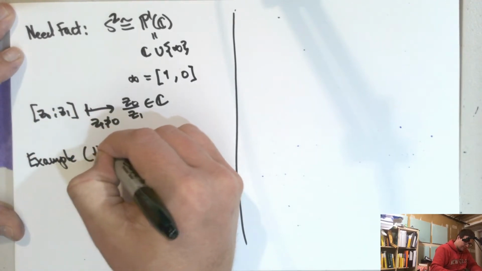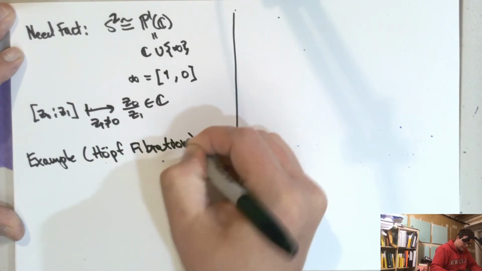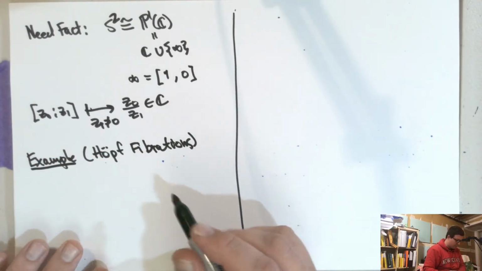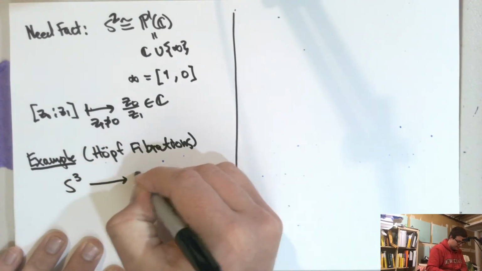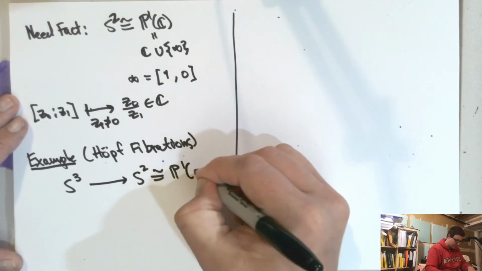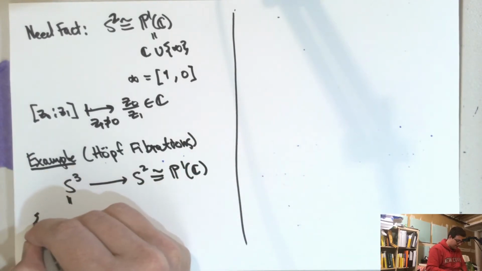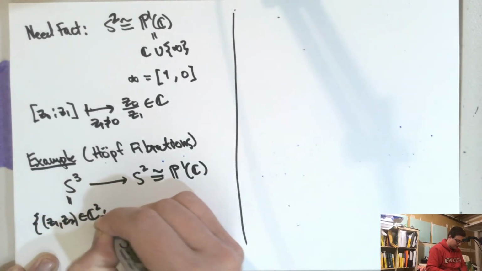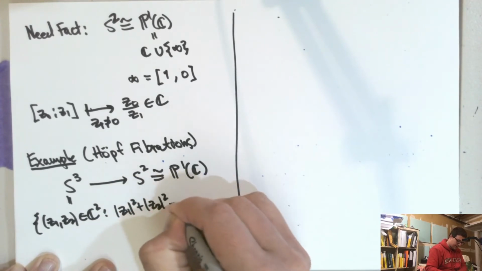Here we'll look at a map from S3 to S2, but we'll view S2 as P1 of C. We view S3 as the set of complex numbers Z1, Z2 in C2 such that the absolute value of Z1 squared plus the absolute value of Z2 squared is 1.